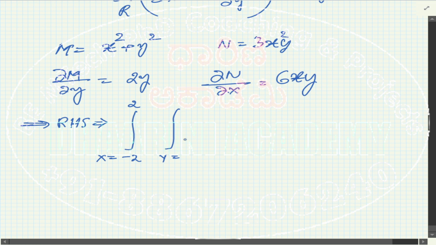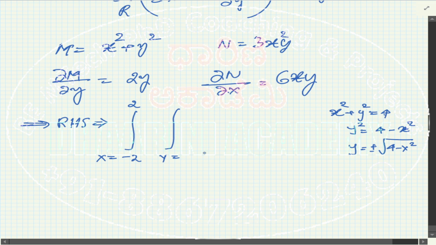Now, to decide the value of y, let's look at the equation. x squared plus y squared is equal to 4. Taking x to the other side, y should be equal to plus or minus root of 4 minus x squared.